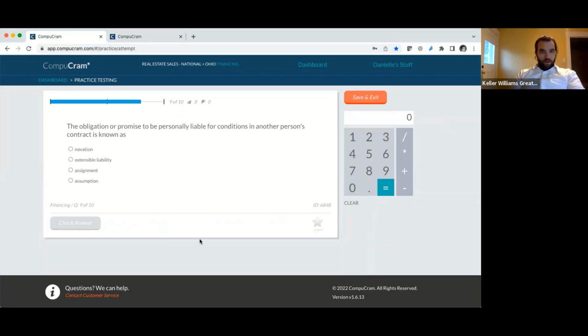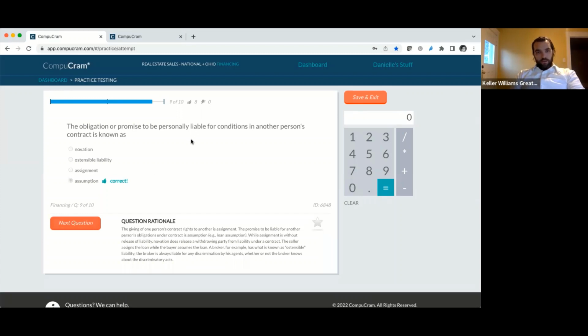Looks like we're pretty confident as either C or D as a group. It looks like I have just a few more D's than C's, so I'm going to say that. And that is correct. The giving of one person's contract rights to another is assignment. The promise to be liable for that person's obligations is assumption.